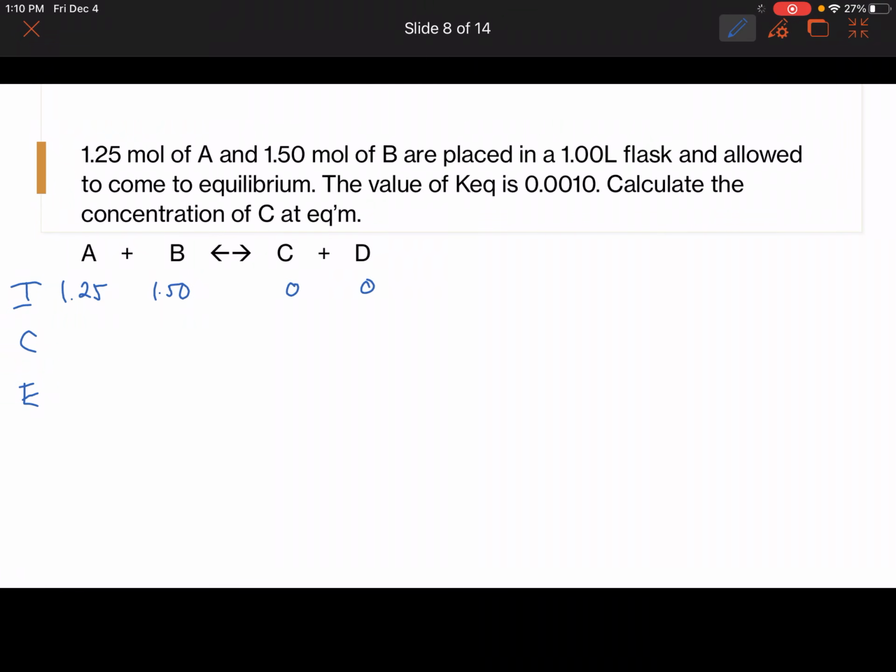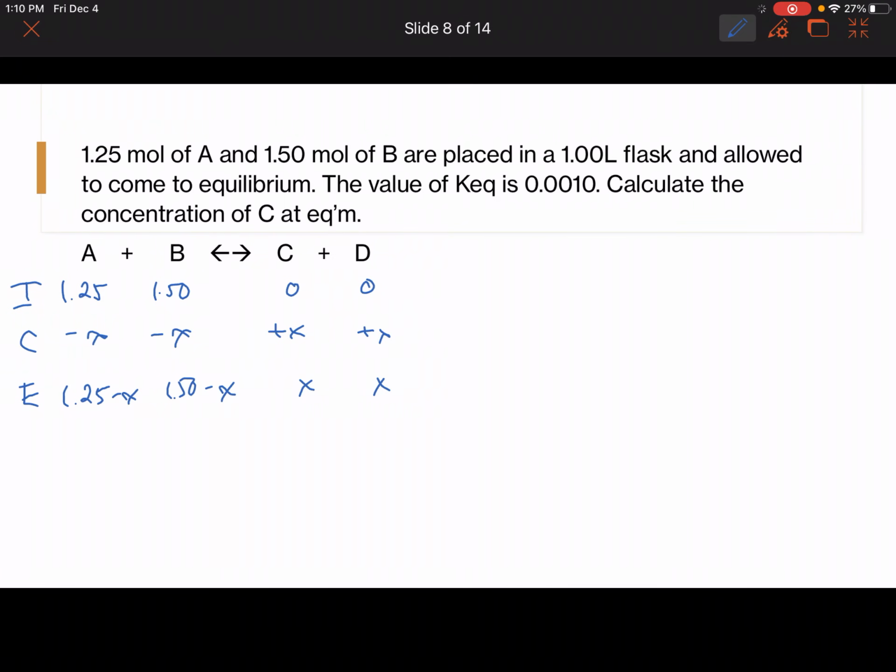I don't have any C or D, and so I'm not given any information other than this, so I have to just use X's here. So the changes are going to be negative X for A and B, positive X for C and D, and so I end up getting 1.25 minus X, 1.50 minus X, X, and X for my equilibrium concentrations.